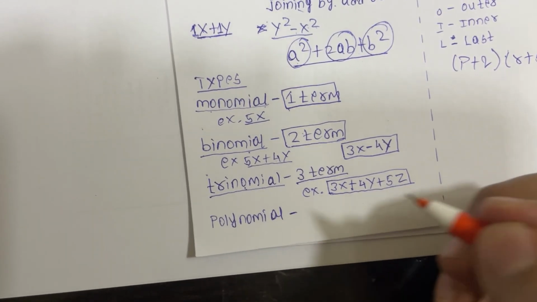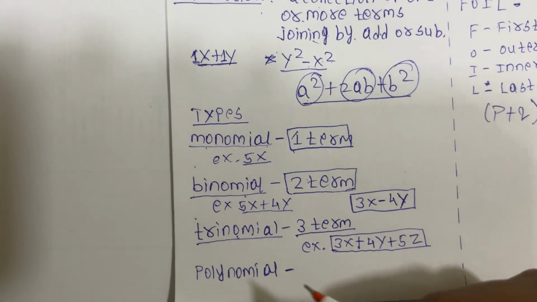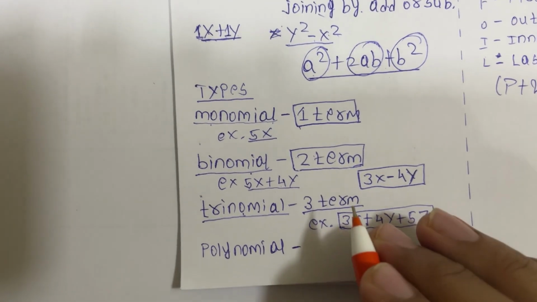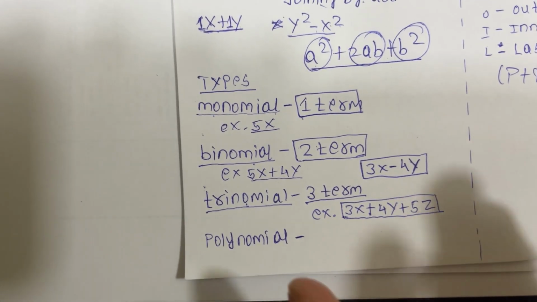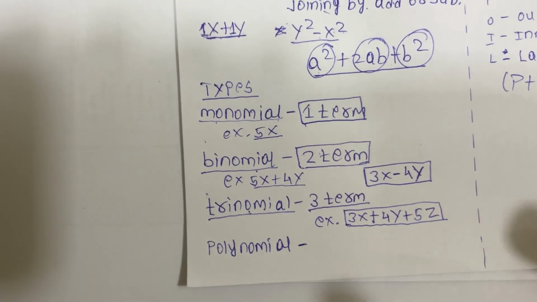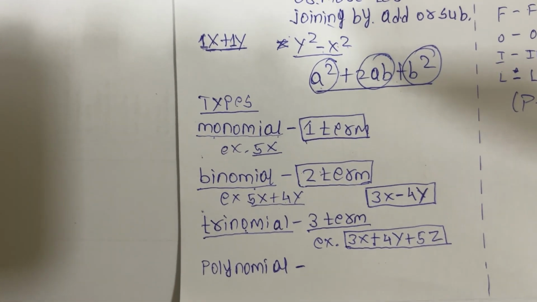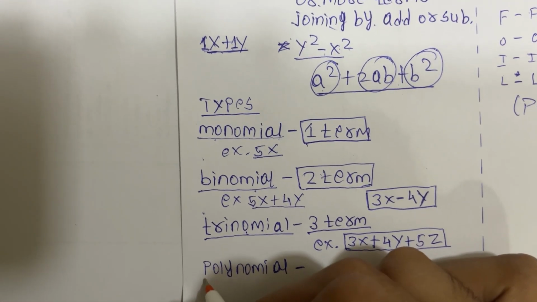Then what is a polynomial? A polynomial is an expression which has more than one term.